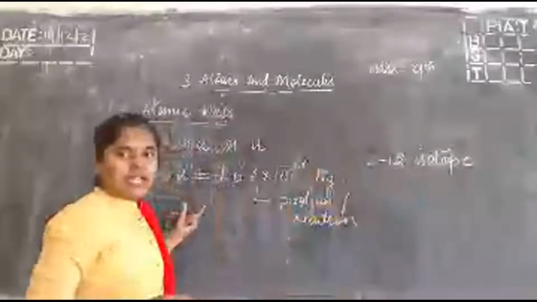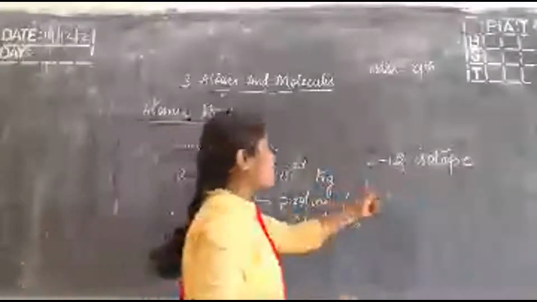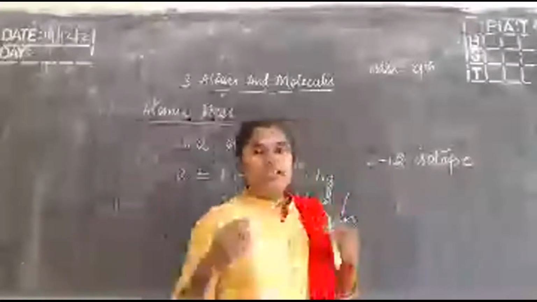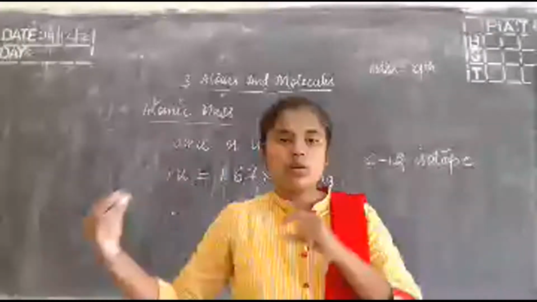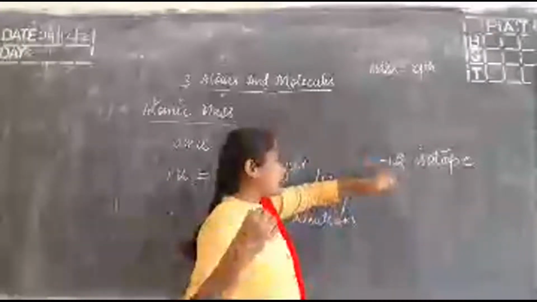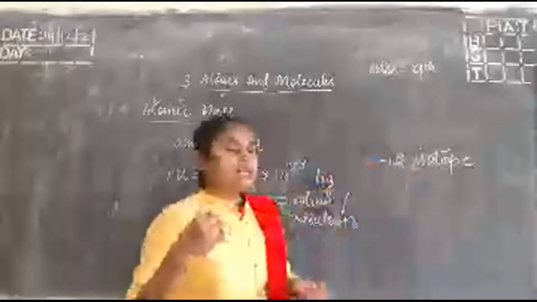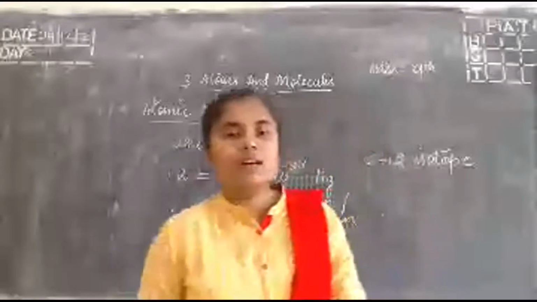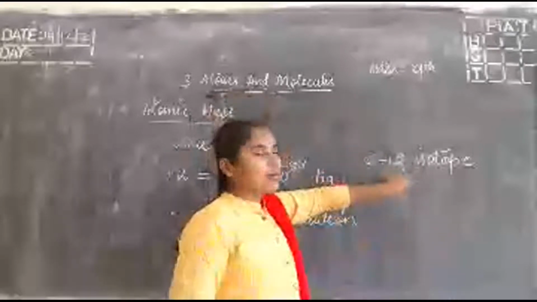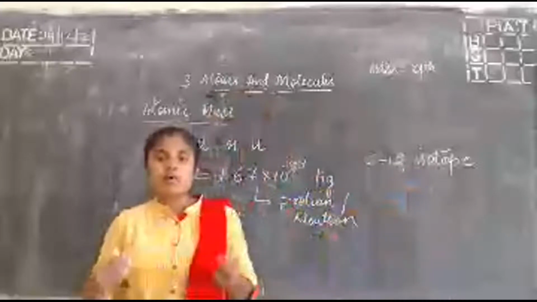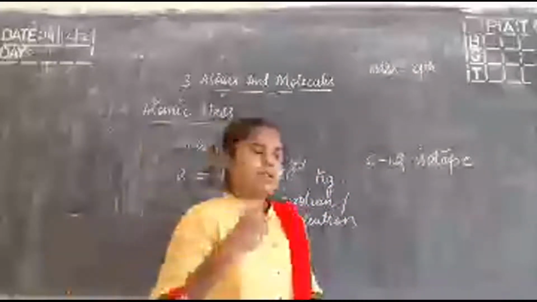Then approximately all the atomic masses were coming in whole numbers. So they took this carbon 12 isotope as the standard reference for the measurement of AMU, and calculated the atomic mass of all the elements in the periodic table.